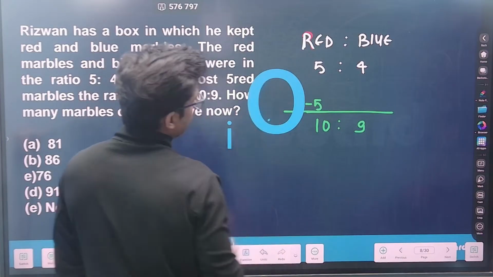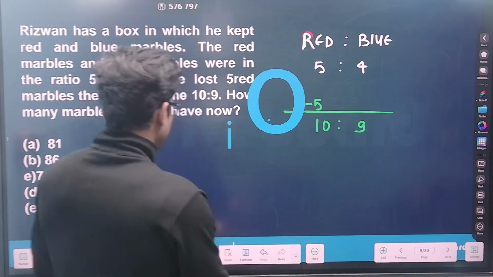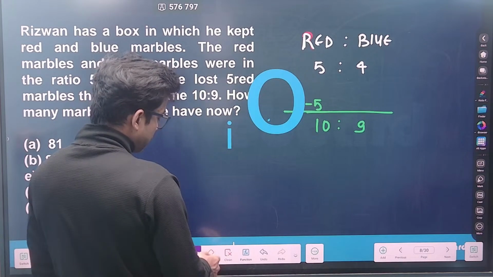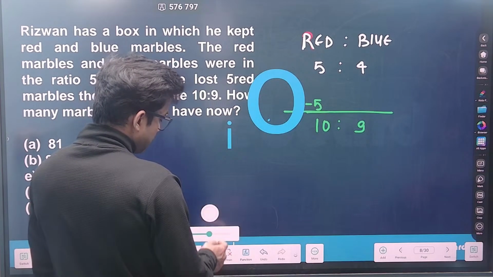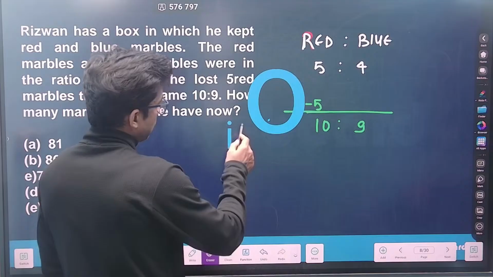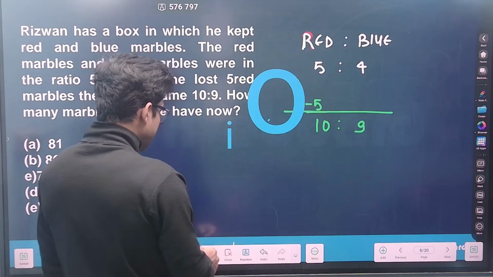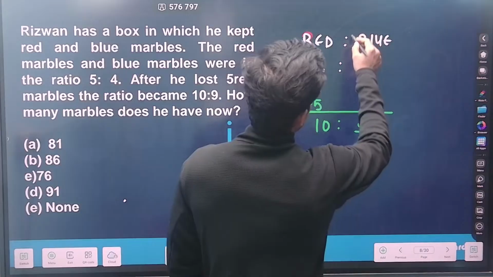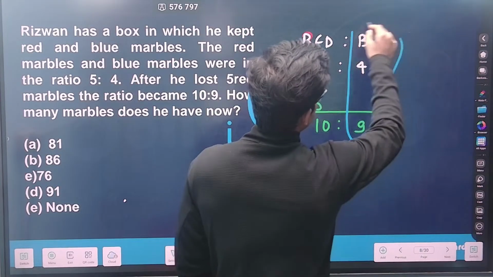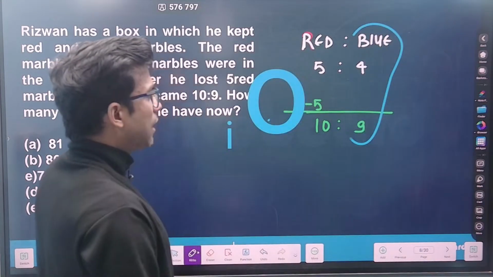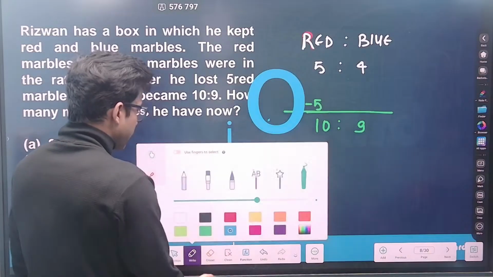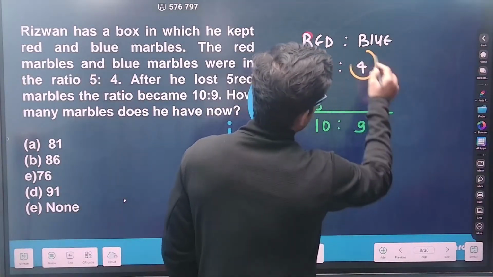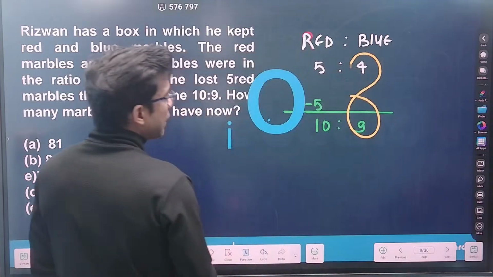Say yes or no. Otherwise no other part would get affected. So can I say from here, my blue marbles will remain same? But they are not same, so I need to make them same.